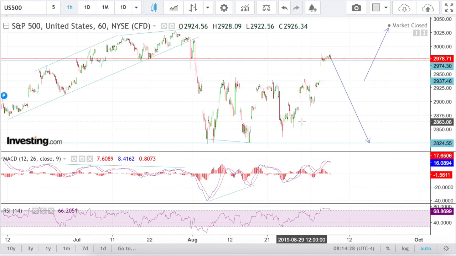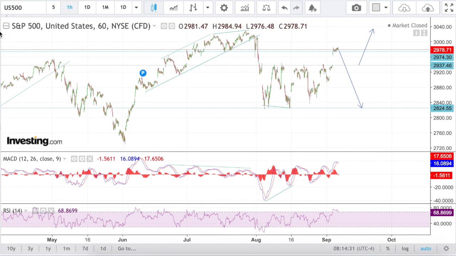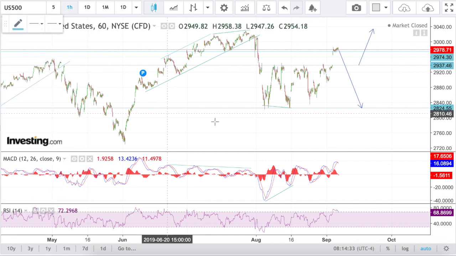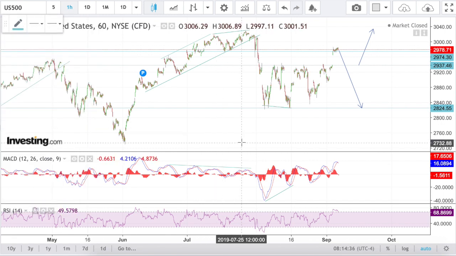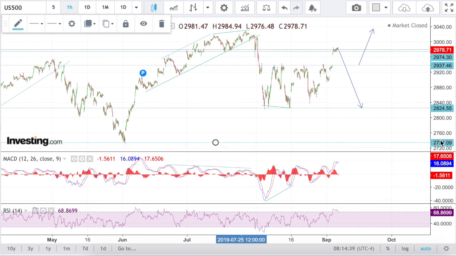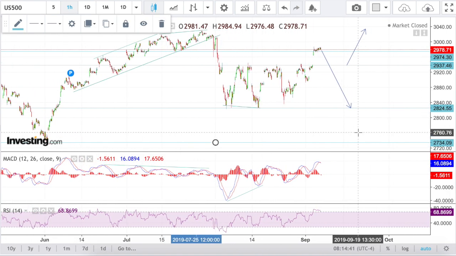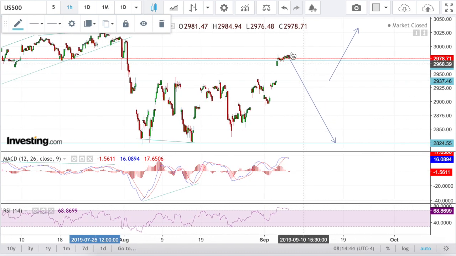And then obviously we have some more targets below, this being one of them. This 2730 level is definitely a target to look at. But for the meantime, let's just take a look at if we get a backtest and if it breaks the backtest. I guarantee you that if we start cracking below this level, the selling will get very, very impulsive very quickly, and we'll definitely hit this level in no time, because this is what you call a bull trap.